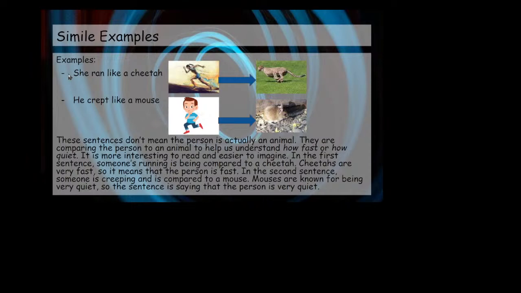In your head, it helps you picture a girl that is running very fast, right? And he crept like a mouse. You shouldn't be imagining a boy turning into a mouse. That's silly. You should be imagining a boy going so quietly that it's like a mouse. It's not saying that he is a mouse. It's saying that he is similar to one.